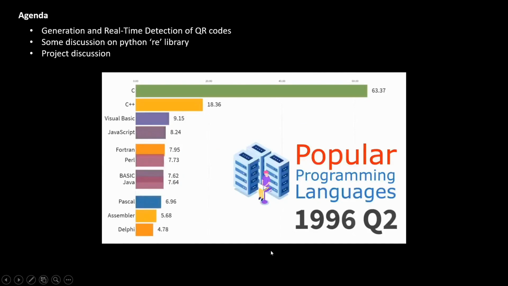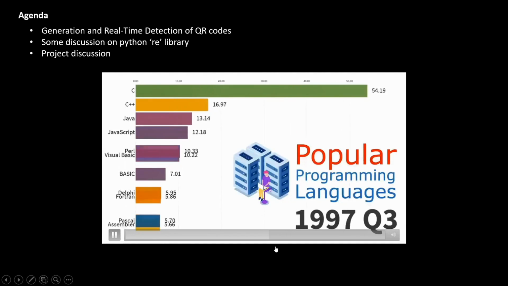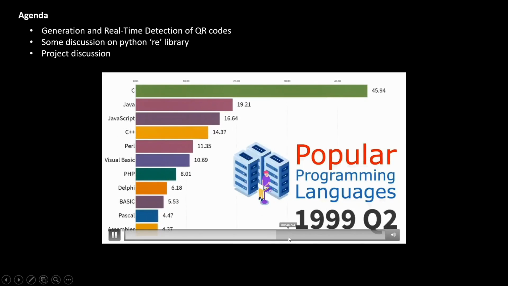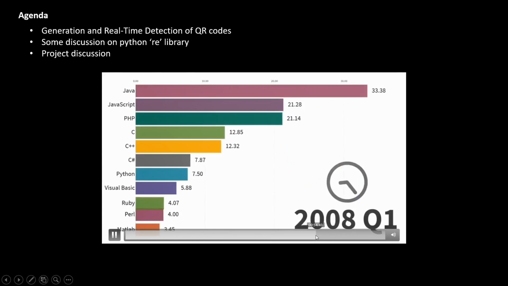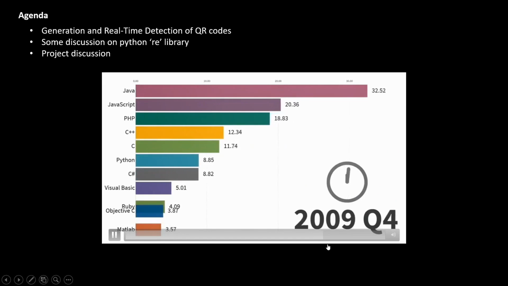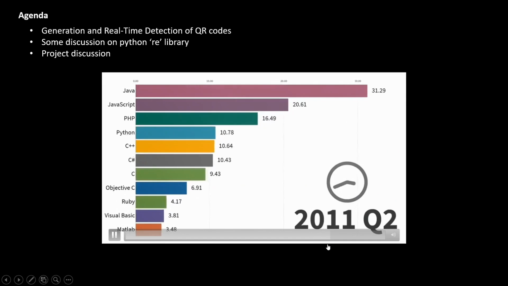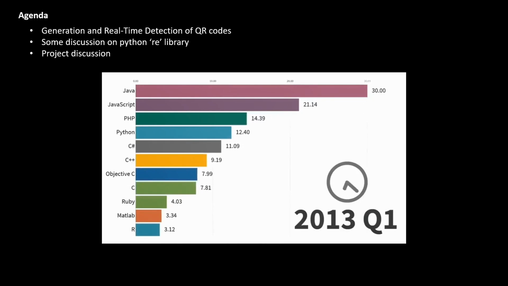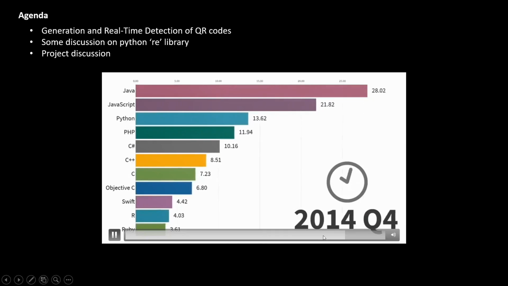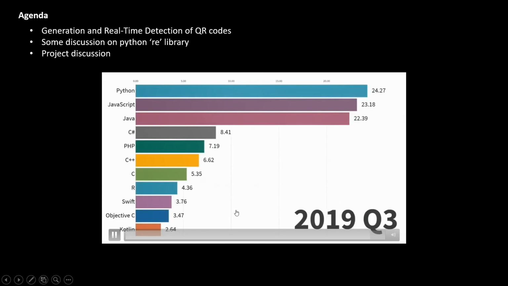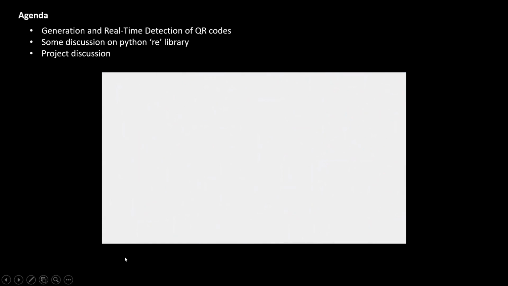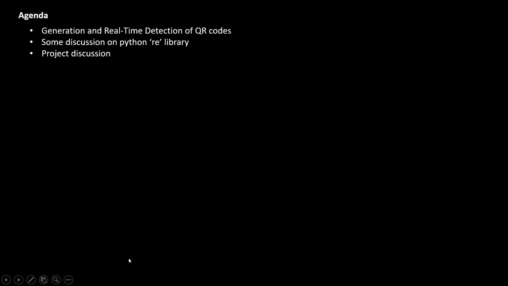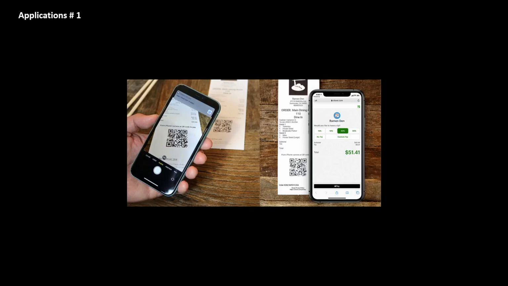By the year 2000, Java became most popular because of that Y2K problem, and then from 2004 onwards Python gained popularity, and by 2019 it has become the mostly used programming language. So let us start with our first agenda, generation and real-time detection of QR codes.